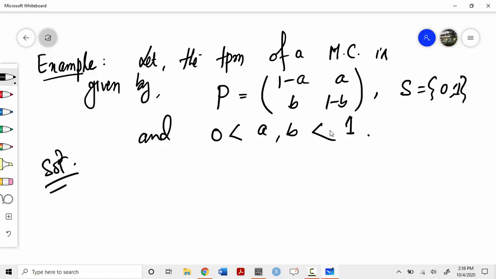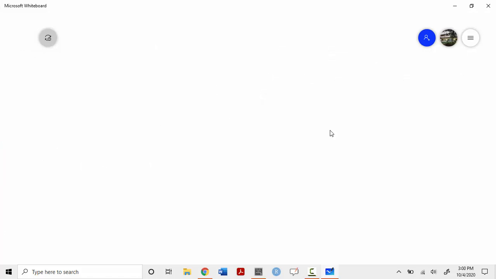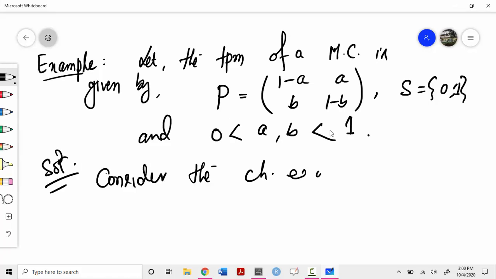So let us consider the characteristic equation as determinant of P minus lambda I equal to 0.